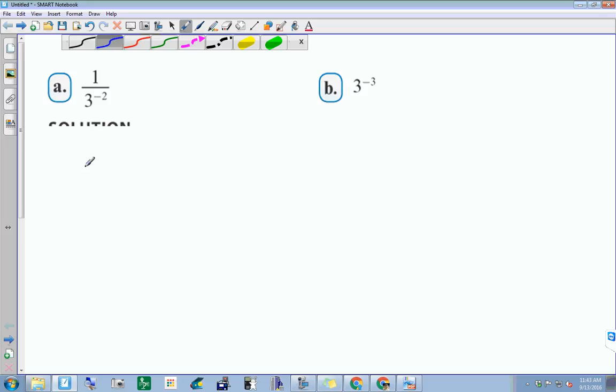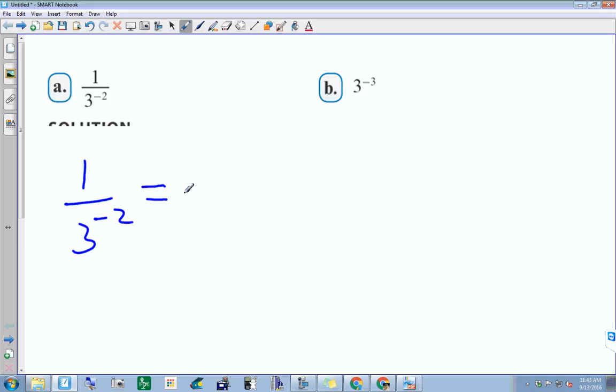What I want to do is use the rule. One of the ways that you can think about this: if it was on the bottom with a negative exponent, it's now going to be on the top with a positive exponent. And I can keep that over 1 if I want to. So that means 3 squared is what? That's all it is.